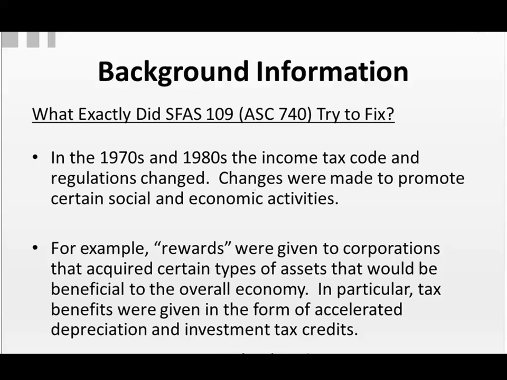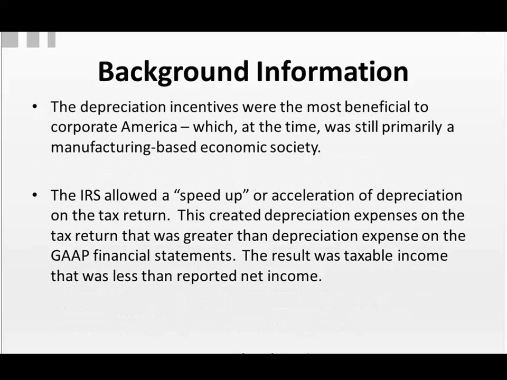Now, in the 60s, we didn't have that. In the 70s, we did. These extra rewards or benefits would really change the scenario. It would make taxable income for the first time different than reported net income, which creates a problem for accounting for income taxes, okay? So if you move to the very next slide, the depreciation incentives in particular were the most beneficial to corporate America.